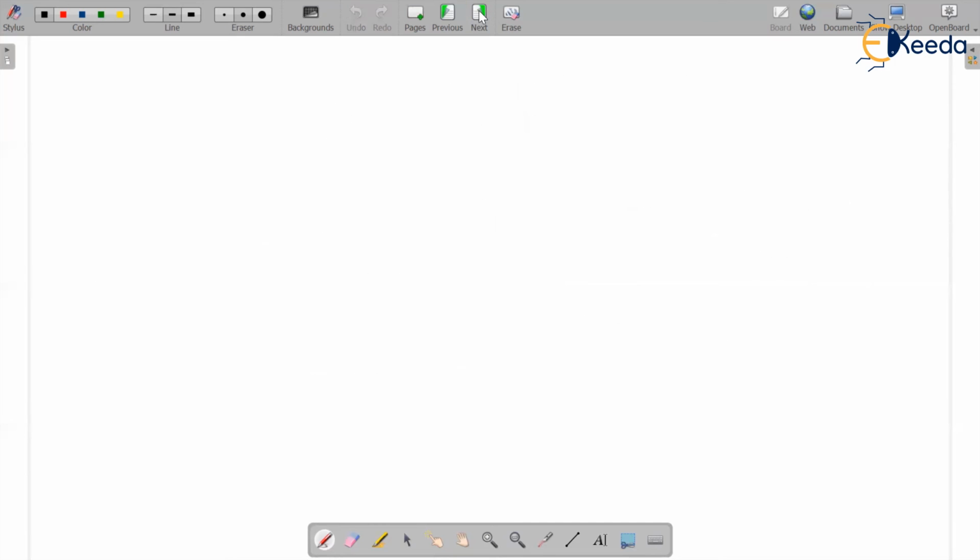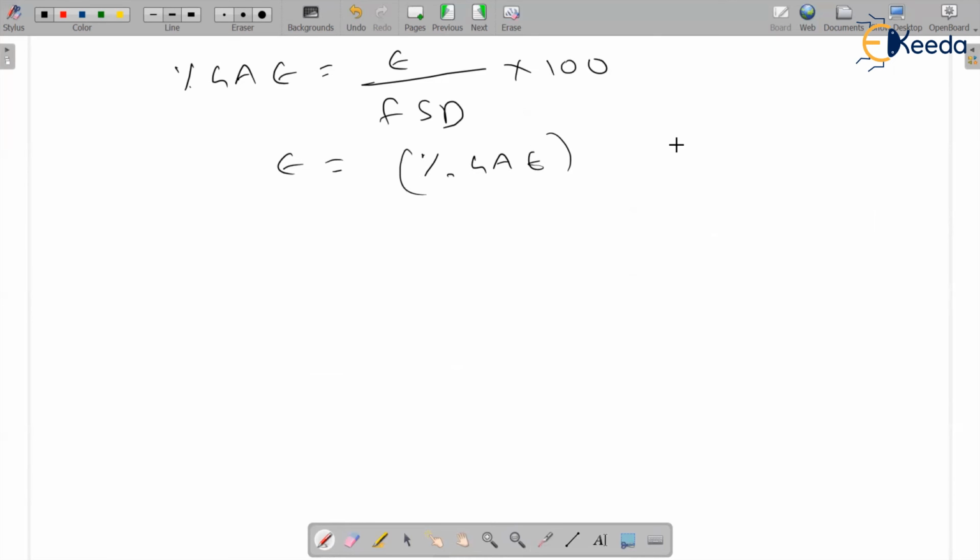I will remodify the same formula. Percentage GAE is equal to error with respect to FSD value into 100. So error is equal to percentage GAE into FSD value by 100.